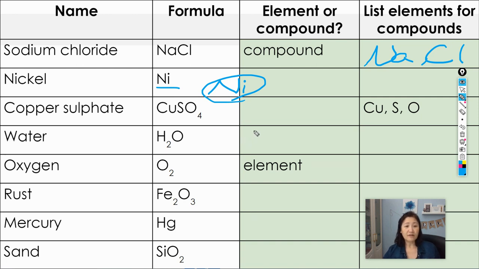But in the case of CuSO4, C is a capital and S is a capital letter and O is a capital letter. So whenever you see a capital letter in the formula, it indicates a brand new element. So CuSO4 is made up of three different types of element.